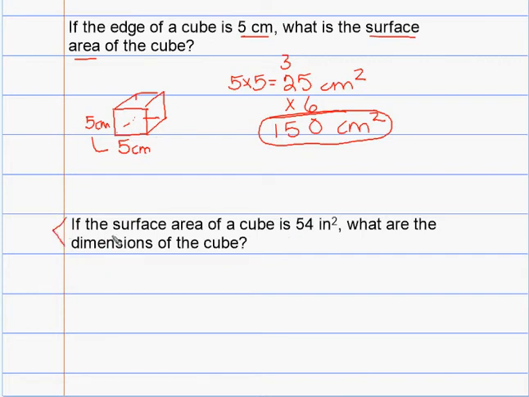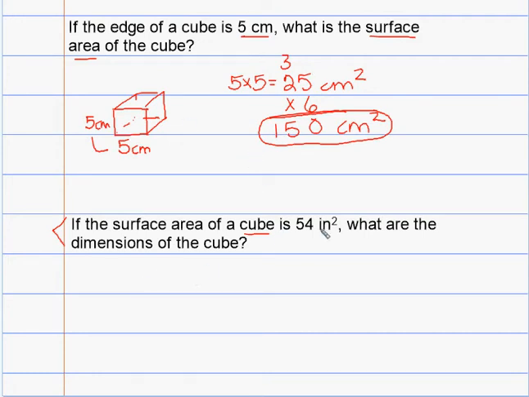So how do we do the problem if they give us the surface area first? If the surface area of a cube is 54 inches squared, what are the dimensions of the cube? So we're just working this process backwards.